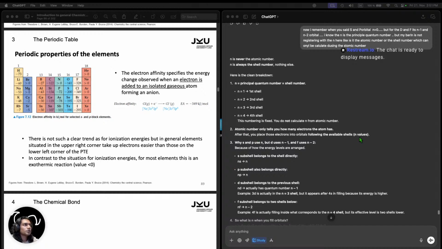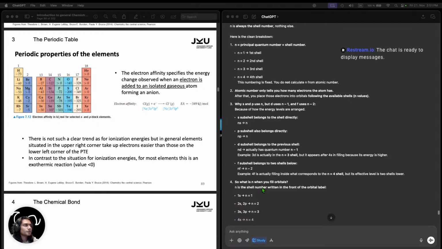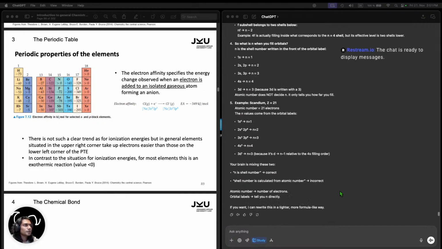Atomic number only tells you how many electrons. So n is the shell number. Shell number is calculated from atomic number. Incorrect.